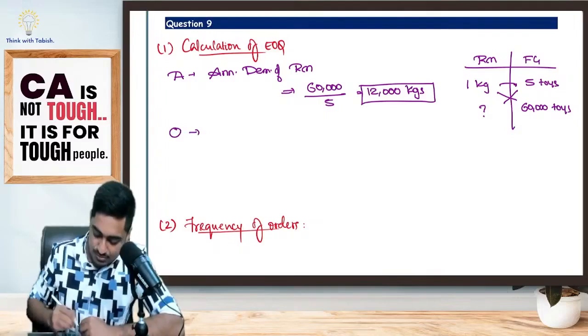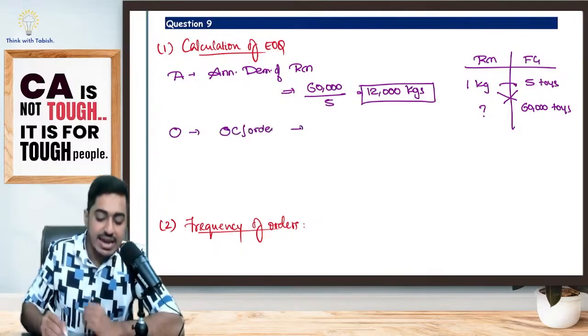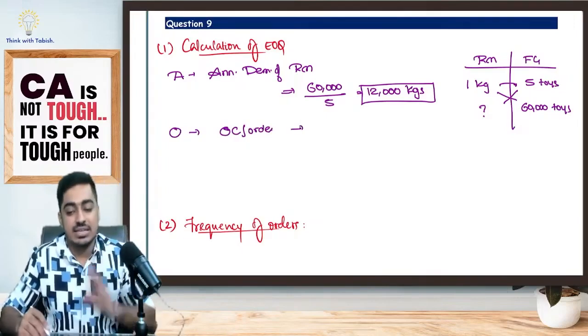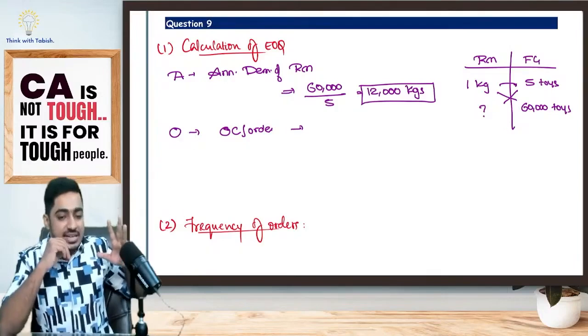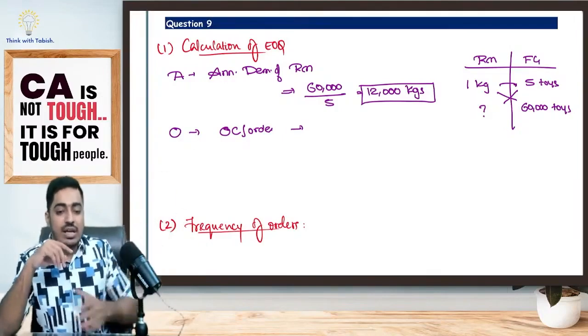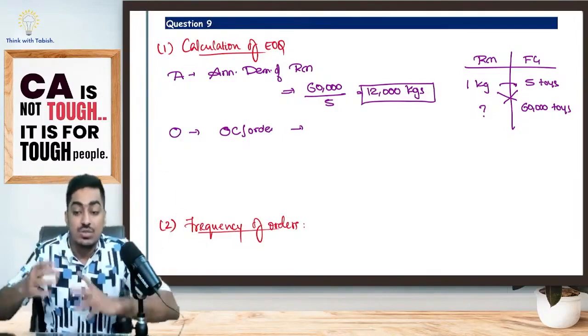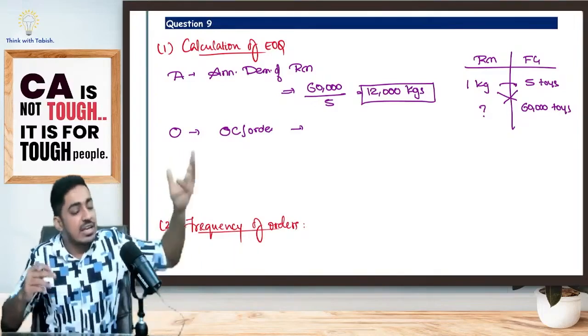Next one is O, which is ordering cost per order. See and tell me, students. In the class while I explained the concept, I told you what all is needed to order. Probably I'll be traveling, that is needed. Transportation cost, freight, loading, unloading, transit insurance, all those things are needed. In this question, the company incurs a handling cost of 400.